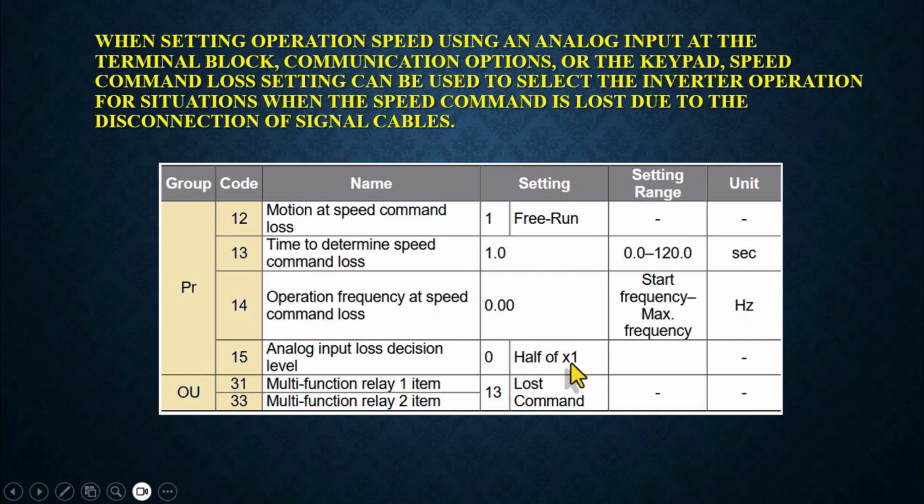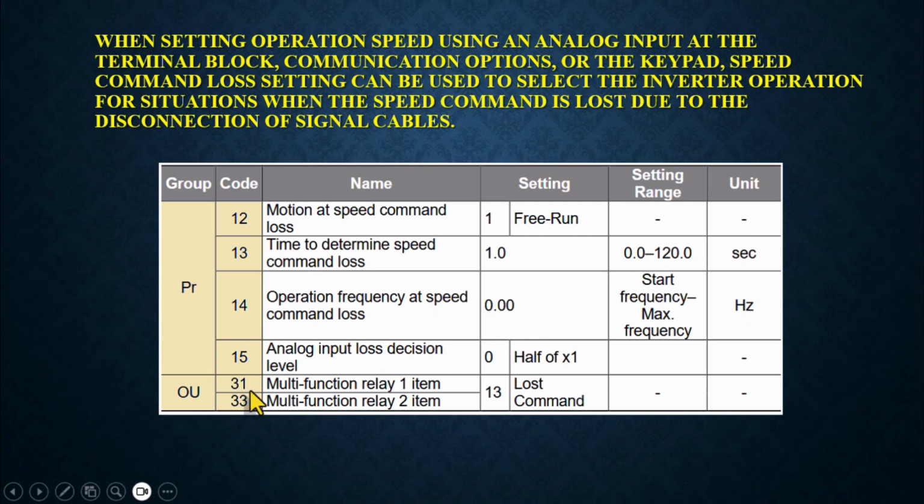For example, if I've considered X1 to be 4 milliamps and I set it to the second option, as soon as my current analog input drops below 4 milliamps, the inverter issues a speed command loss error. We can also use the inverter's relays to understand that a speed command loss error has occurred.